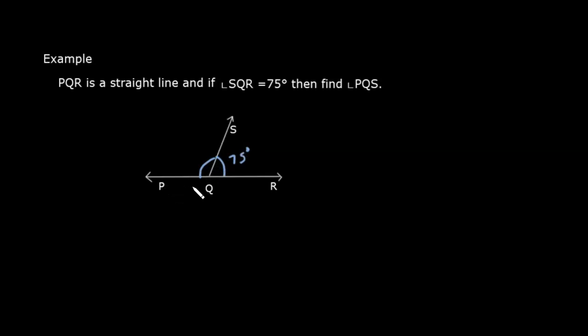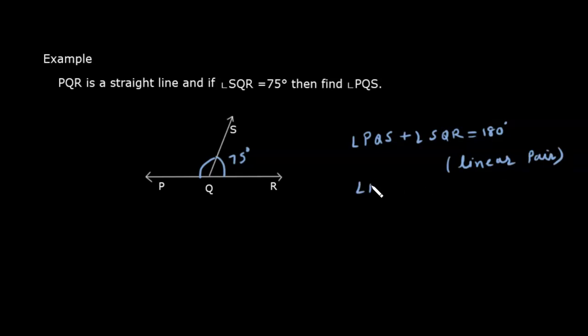Now since we are given that PQR is a straight line and we can see that QS ray stands on it, the sum of these two angles is 180 degrees. So we can write that angle PQS plus angle SQR is 180 degrees. The reason being linear pair.